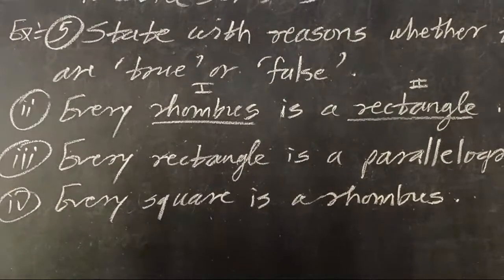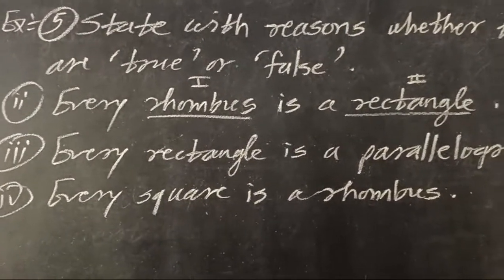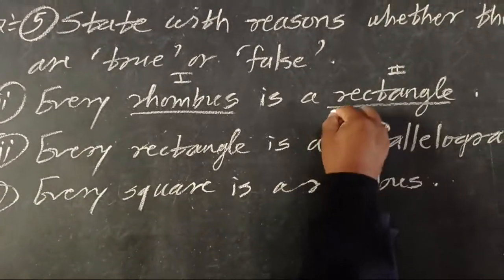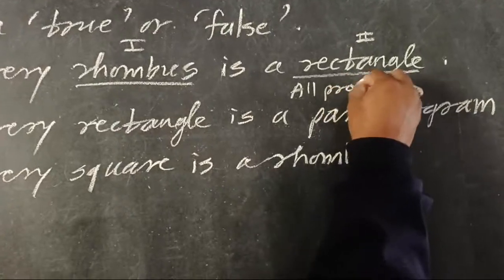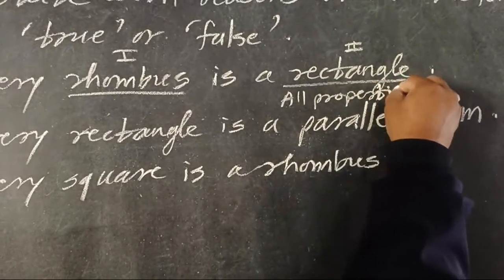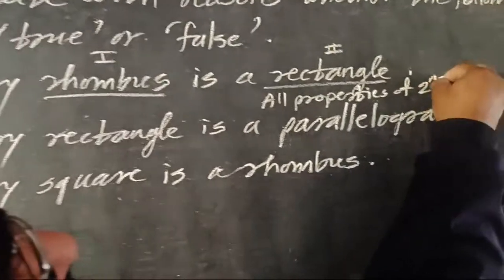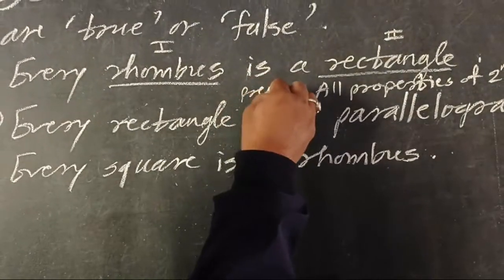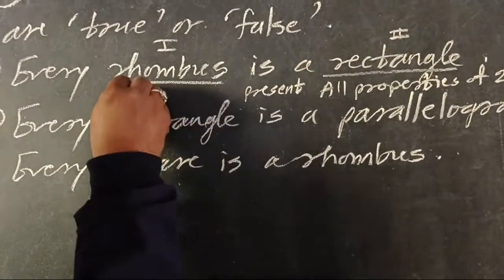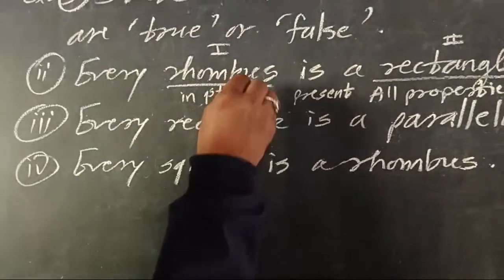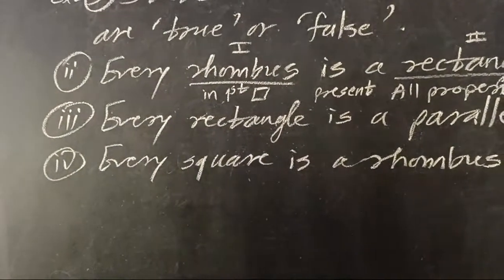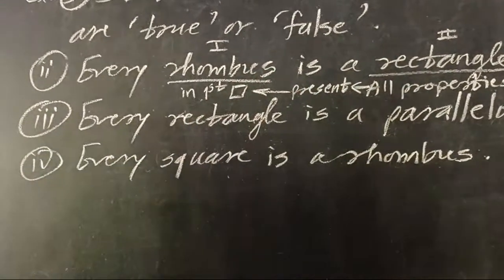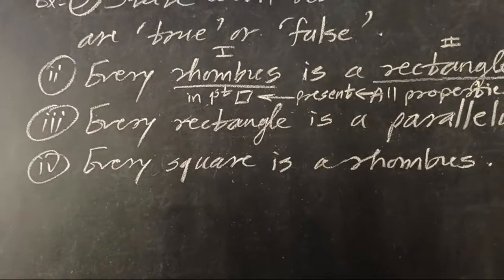When we say that a statement is true or false, all properties of the second quadrilateral present in the first quadrilateral, then we can say that it is a true statement.